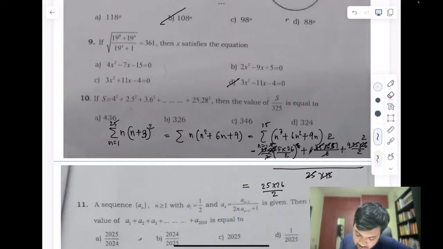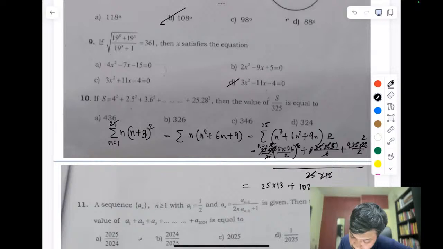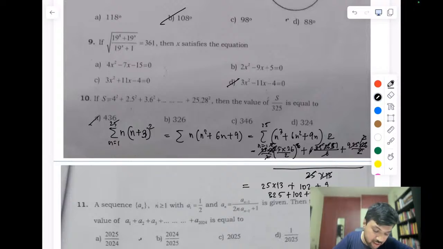So the first term is 25 into 13, the second term is 2 into 51, 102, and the last term is 9. 13 into 25 is 325, plus 102 plus 9. I hope that answer is there. 427 plus 9, 436. It's there, so I think it's mostly correct.